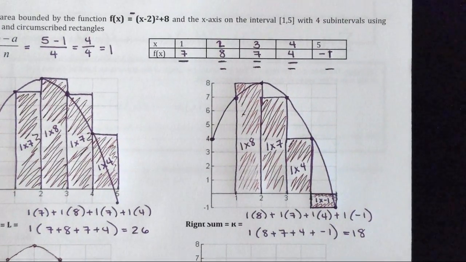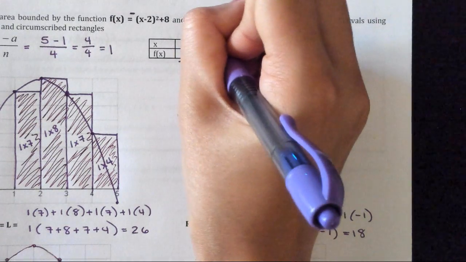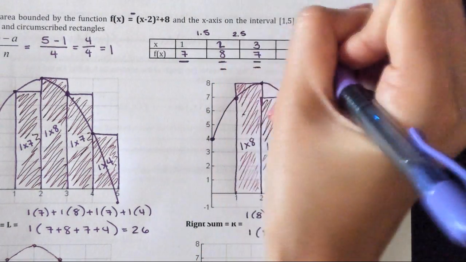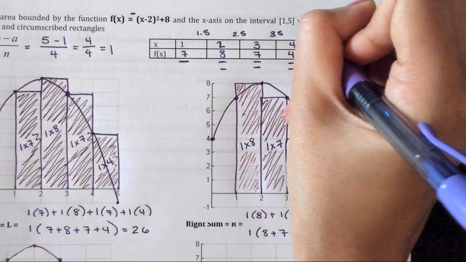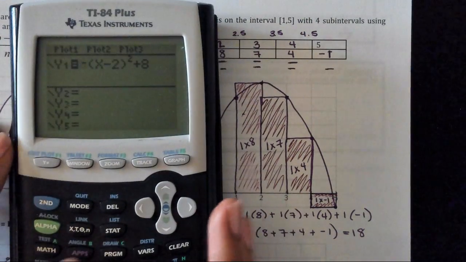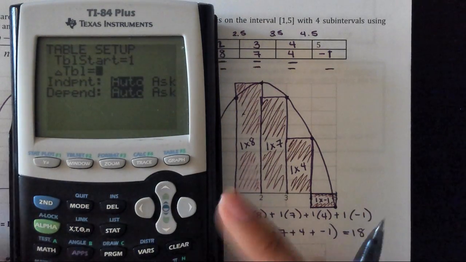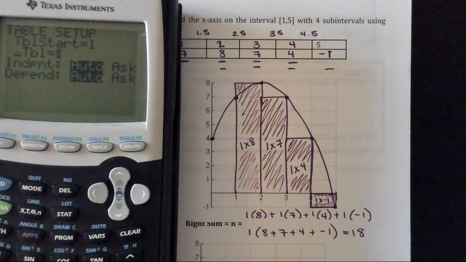Let me go back up to my table right here, and I'm going to put in values like 1.5, 2.5, 3.5, and 4.5 right in the middle. I'm going to change my table from my delta x to 1.5, or just 0.5.